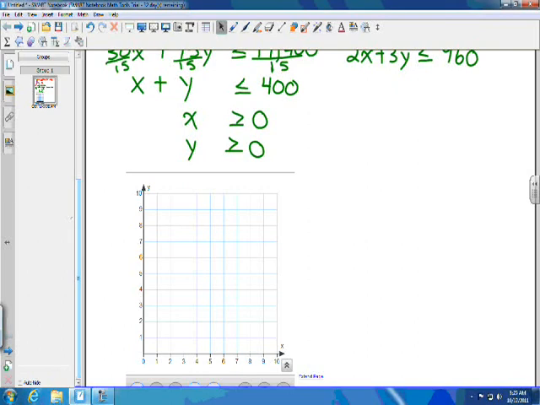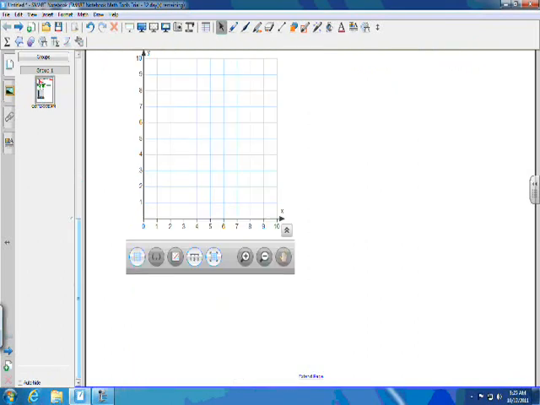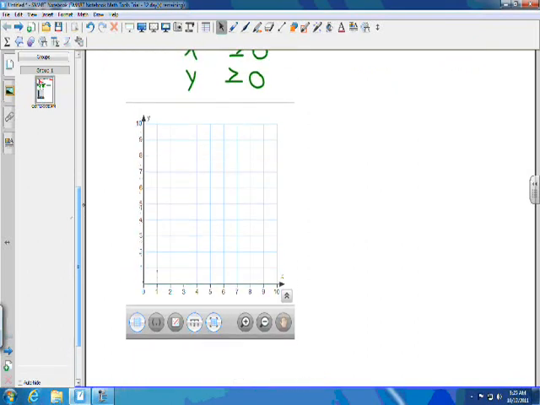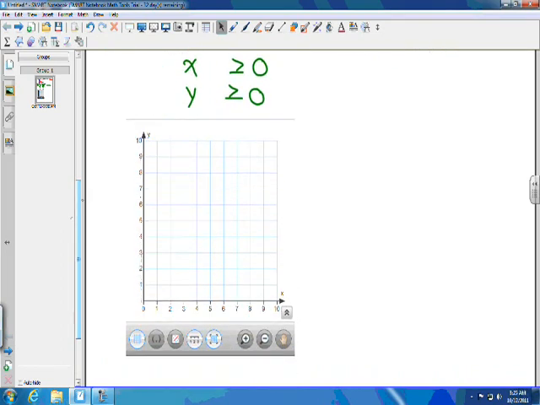You can't make negative. So you don't need to have any of the other 3 quadrants. You just need quadrant 1. So on your paper, somewhere maybe down here toward the bottom, just make your quadrant 1. This is all you need down here somewhere where you can sketch your lines.